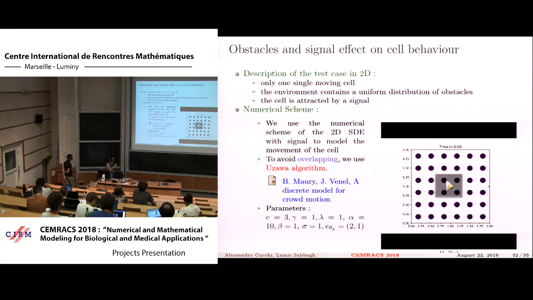Hence, preliminary simulations show that at first the cell is following the target here. And after, the obstacles, like the wall and here the uniform obstacles, are trying to modify the cell motion and prevent the cell from going to the target.